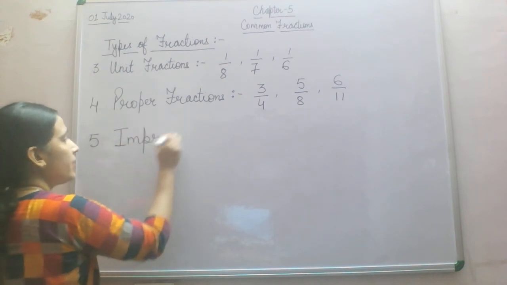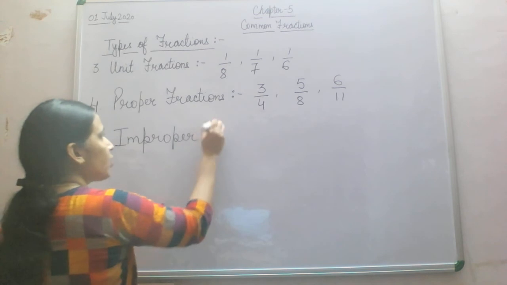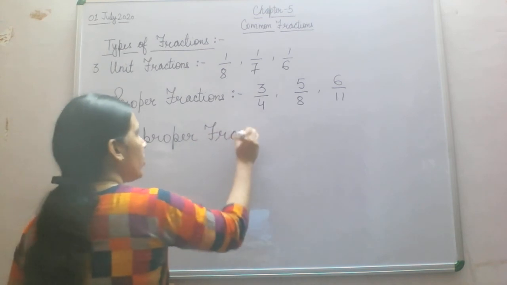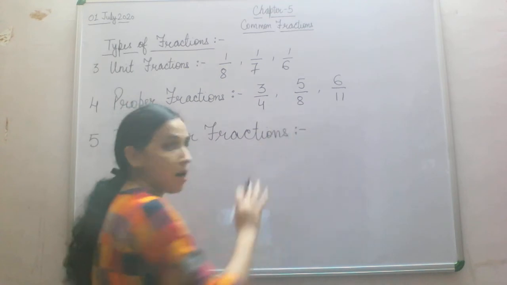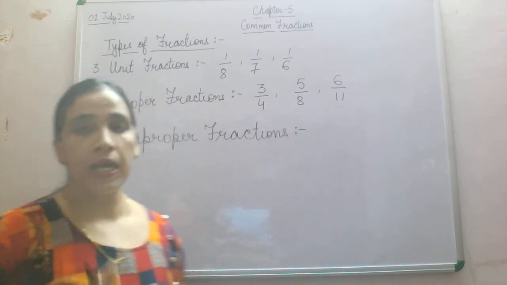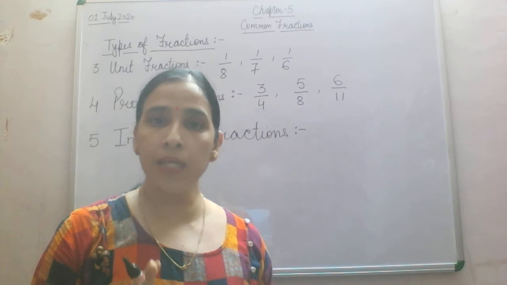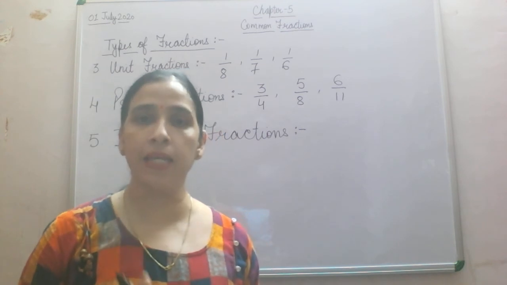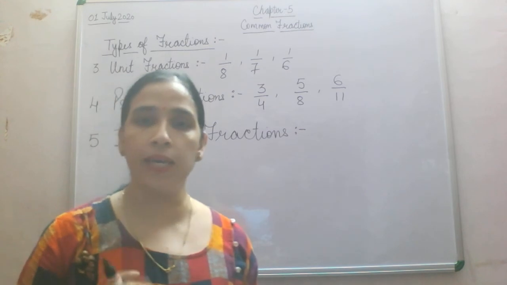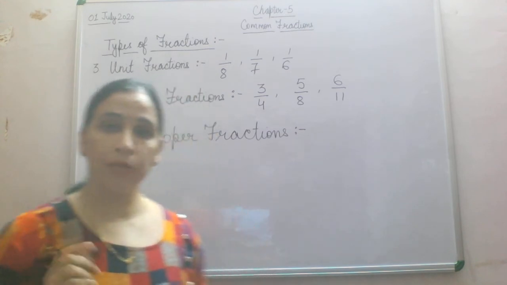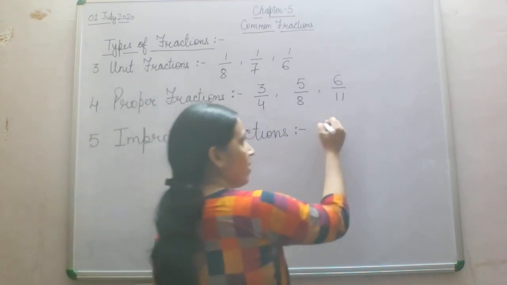Now the next is improper fractions. Now what are improper fractions? Improper fractions are those fractions in which the numerator is greater than the denominator. Now can you tell me one example?